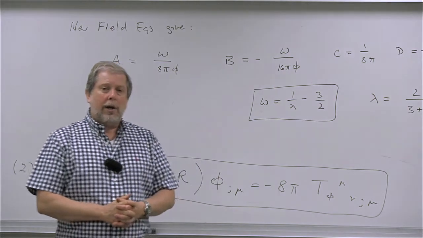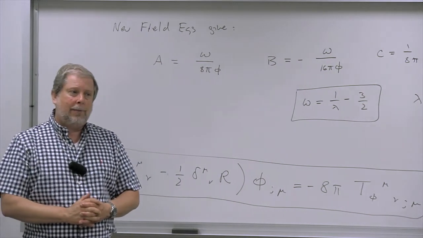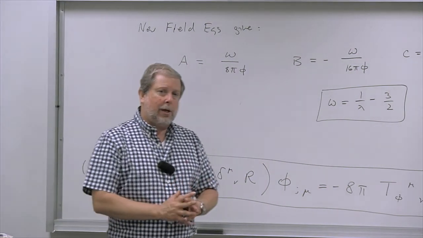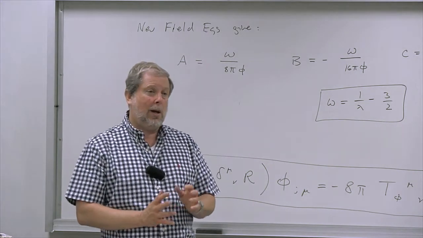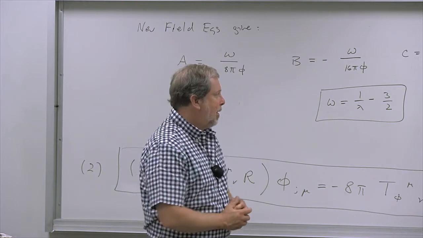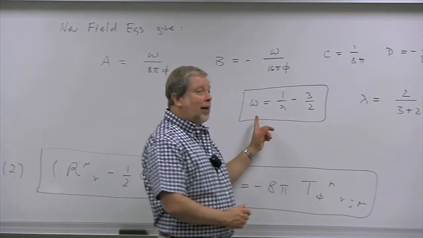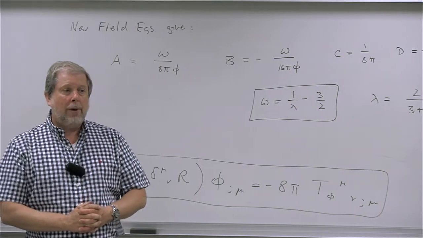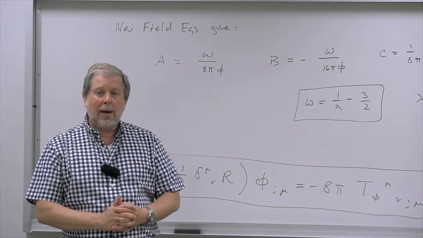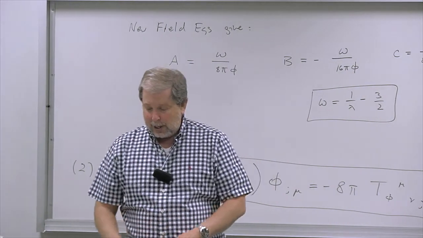In the early days, in the 60s, the observational tests of general relativity were not that stringent, but nowadays we have a lot of very accurate experiments. And one finds that omega has to be quite large, so this lambda term is very small.